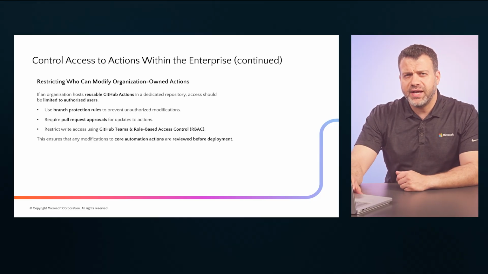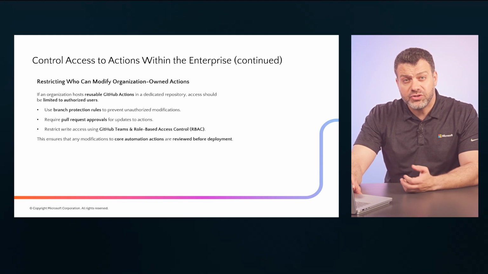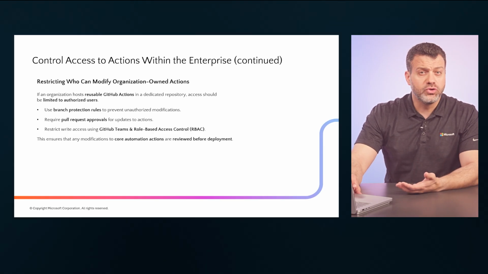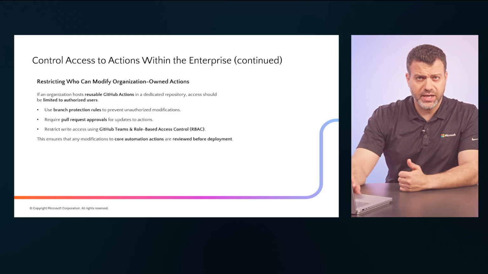Now let's talk about protecting the automation you've already standardized. If you centralized workflows or actions, but anyone can modify them, you lose trust, you can introduce risk, and you can break consistency. This is where you lock things down. So we use branch protection rules.